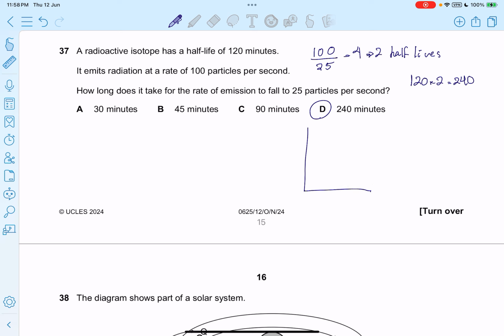If we draw the graph, from 100 to 1/4 of 100, that means 2 half-lives have passed. If they want the time taken, 2 half-lives is 120 times 2, which is 240 minutes. So the time for 2 half-lives is 240 minutes. Answer is D for 37.